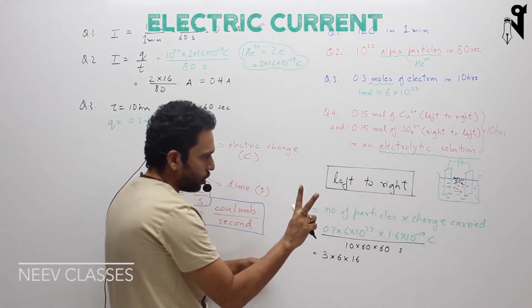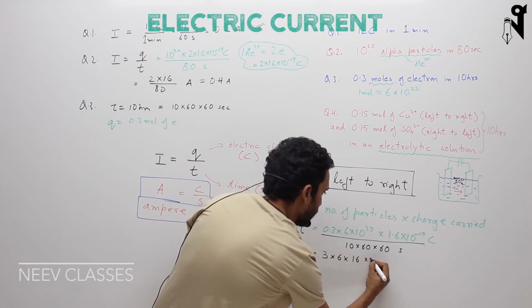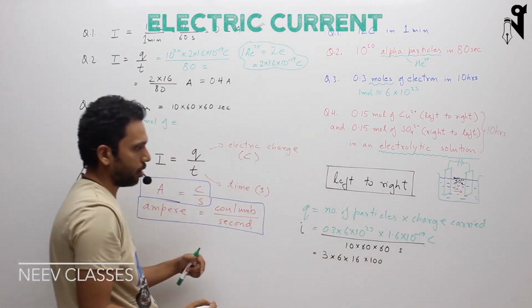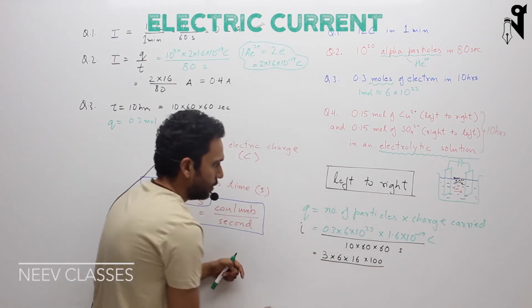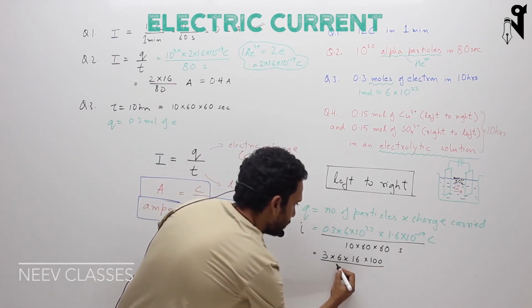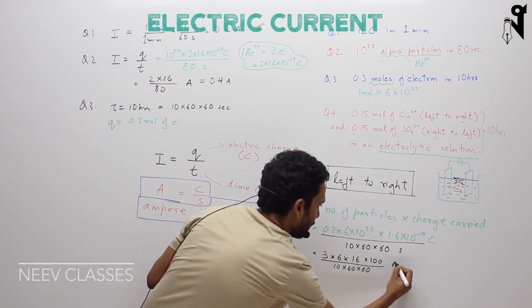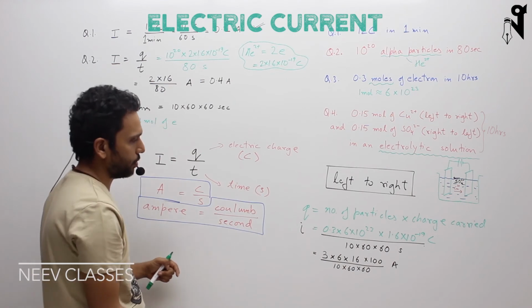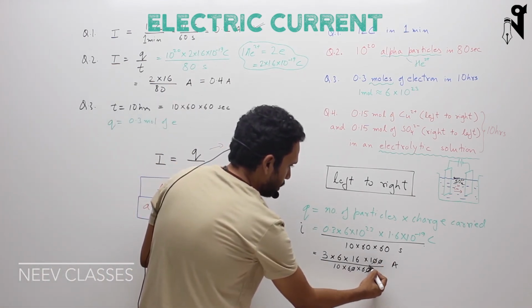So I've consumed 2 zeros out of the 4 zeros I'm having. So I'm still left with 2 zeros on top. So that's the numerator, divided by the denominator, which is 10 and a 60 and a 60, and the whole value is so many amperes.